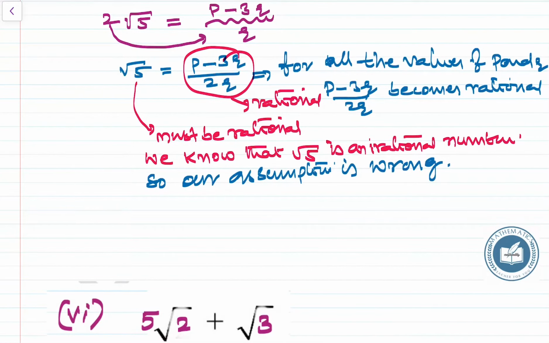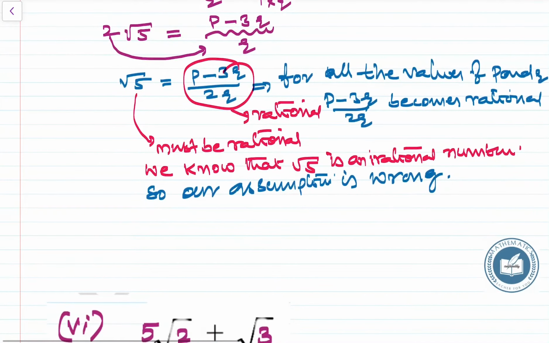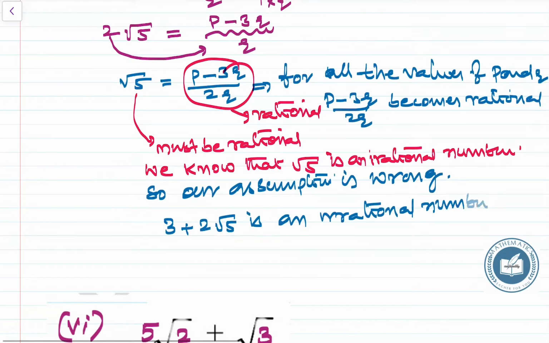Therefore we can say that 3 plus 2 root 5 is an irrational number. Okay.